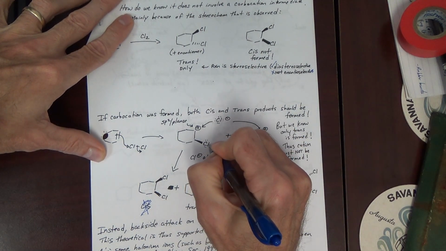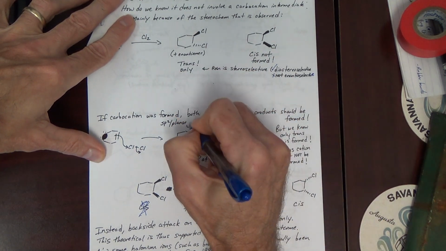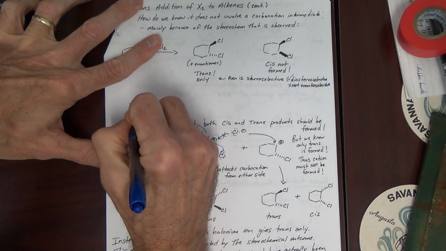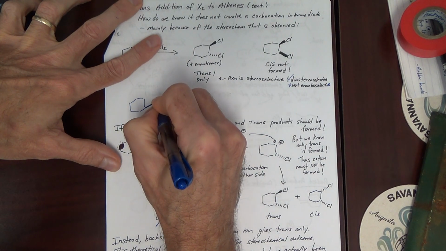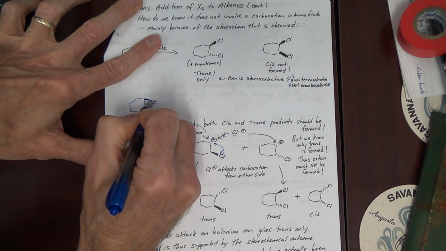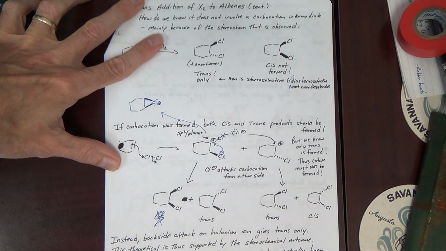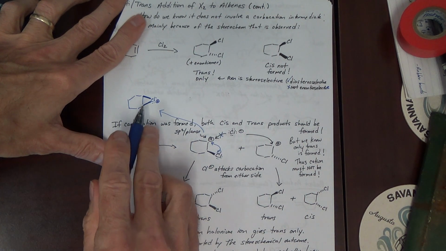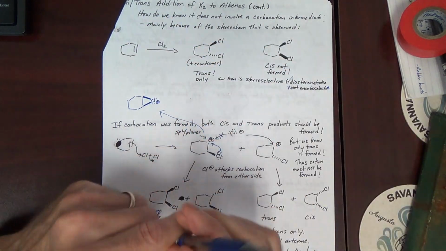this actually back bonds and that gives, all right, the chlorine is still forward, but it back bonded. If it back bonds, that's going to be forward. Or up. If the chlorine is up and it back bonds, the new bond is going to be up. Has to be.